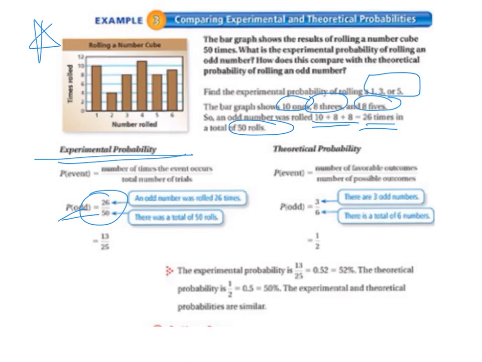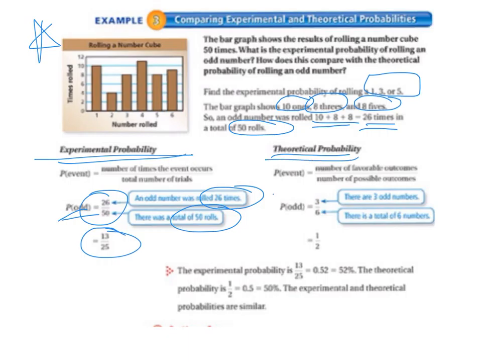So the probability of odd was 26 out of 50. So that was an odd number was rolled 26 times out of 50 times. So that reduces to 13 out of 25.